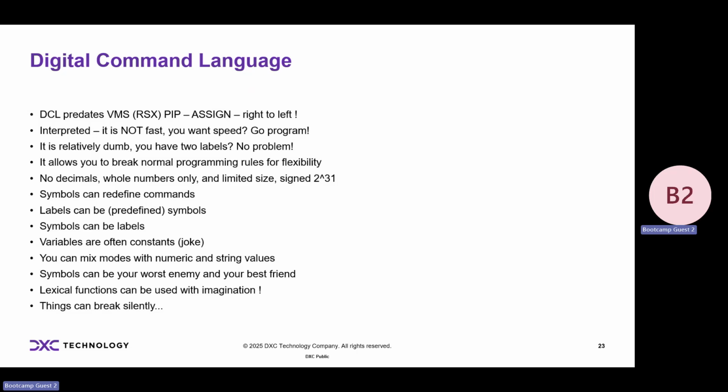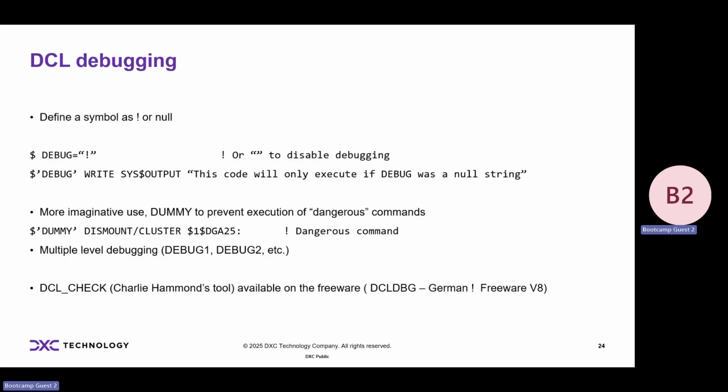There's no decimals. Symbols can redefine commands. Labels can be predefined symbols. Symbols can be labels. Variables are often constants. That's a bit of a chemistry joke. You can mix modes, numeric and string values. DCL doesn't care. And they can be both your worst enemy and your best friend. Lexical functions can do some really interesting things, and things can break and you may not even know.